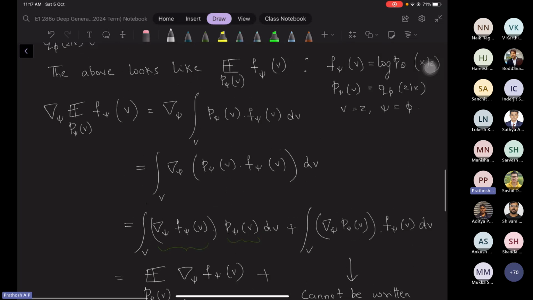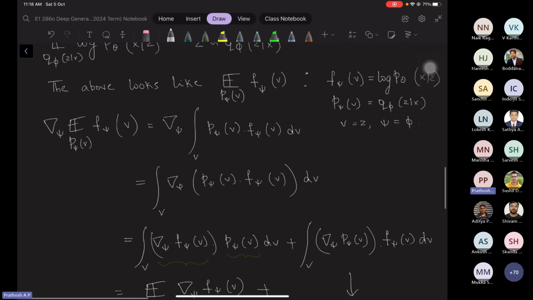When I said that you cannot differentiate through sampling, look at what is happening. There is an expectation of a certain function, and that function is parameterized by some set of parameters. The expectation is with respect to a density, and that density is also parameterized by the same set of parameters.